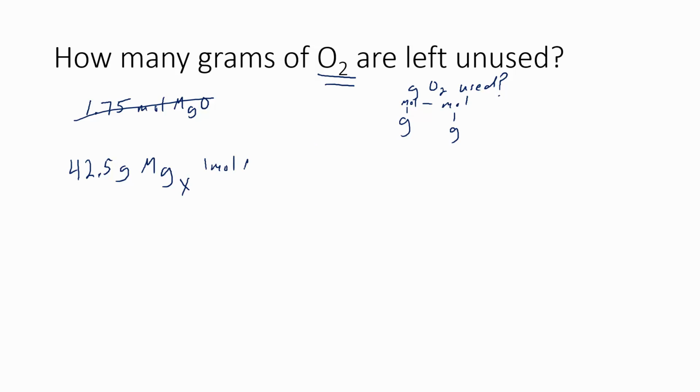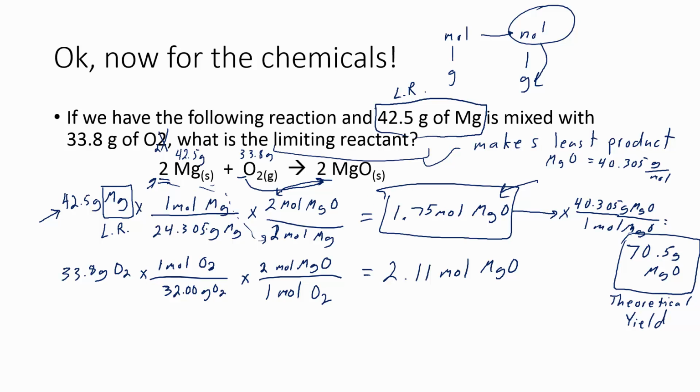So 1 mole of magnesium for every 24.305 grams. And we have 2 moles of magnesium for every 1 mole of oxygen.